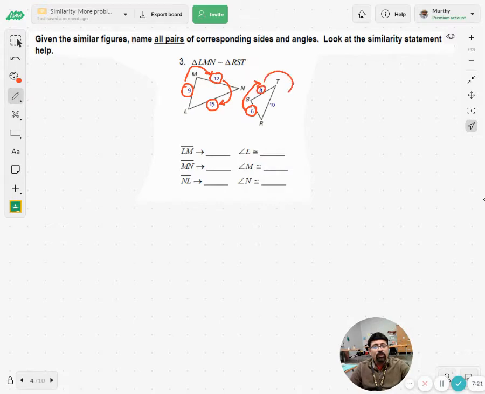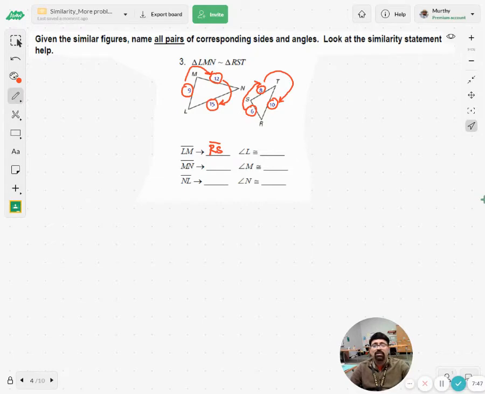So I'm going from smallest to the largest. So 6, 8, 10. What is the first side? That is LM, right? And the smallest one here is RS. Okay. So LM and RS, these two are corresponding sides.